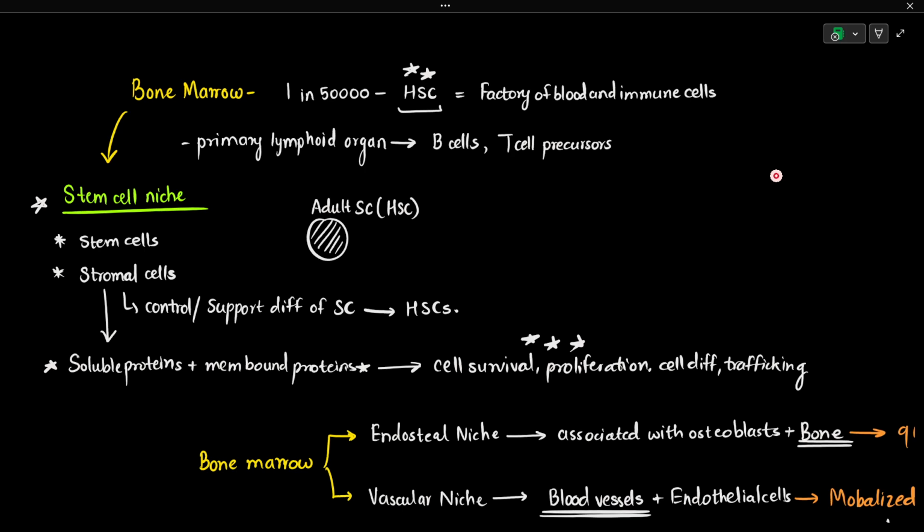But for your intro, bone marrow is a soft and spongy tissue which is present in the cavity of the bone. Let's say that this is a bone.